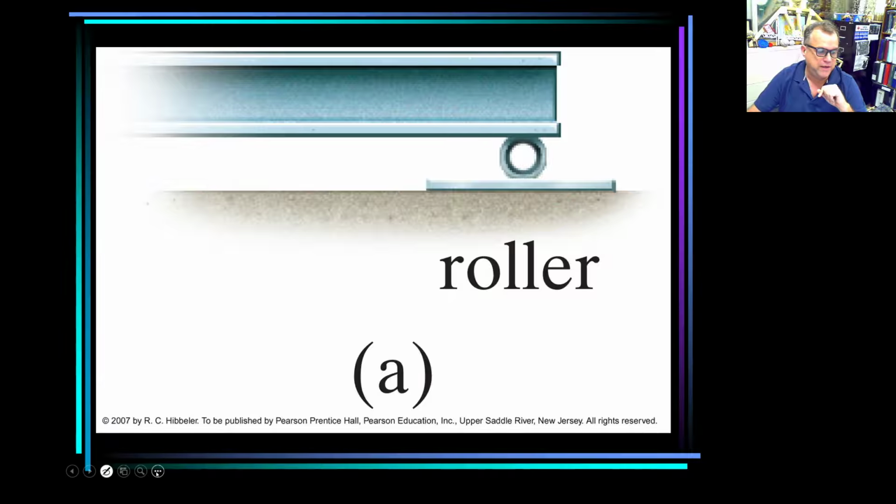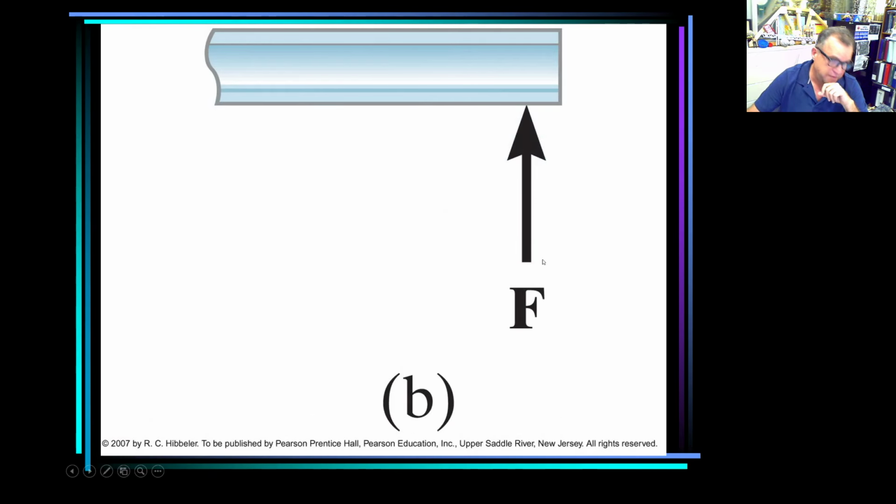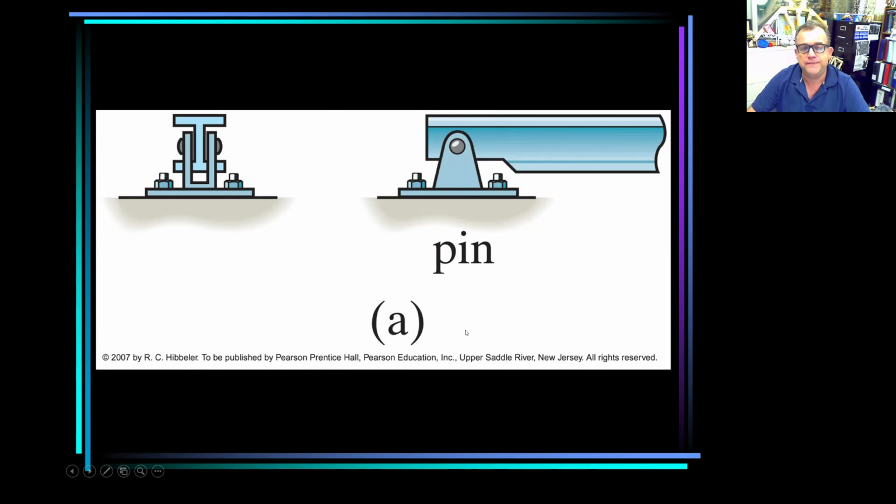Summarizing, roller, how many? Roller is one reaction perpendicular to the surface. Pin, how many?